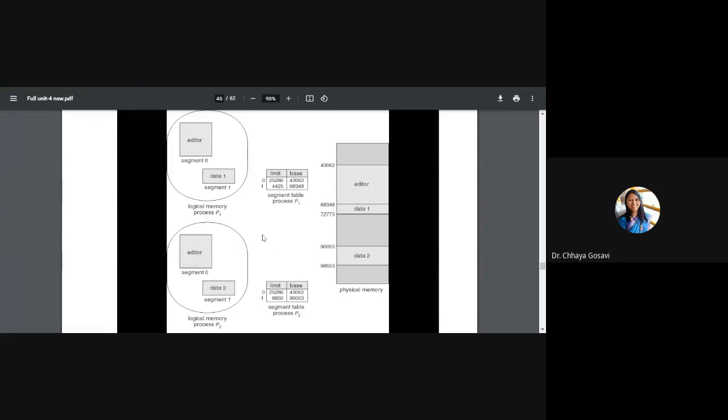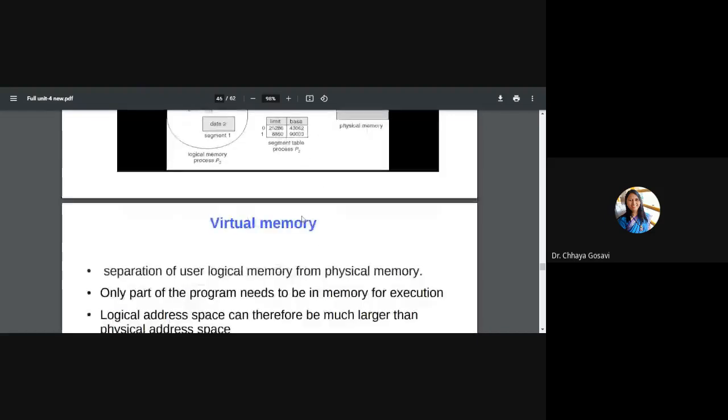We have seen this example: the editor segment is shared between these two processes, P2 and P1. This should appear in the segment table for each process. So for segment 0, which is shared, note that the limit and base are the same in both segment tables, but it is loaded only once in main memory.